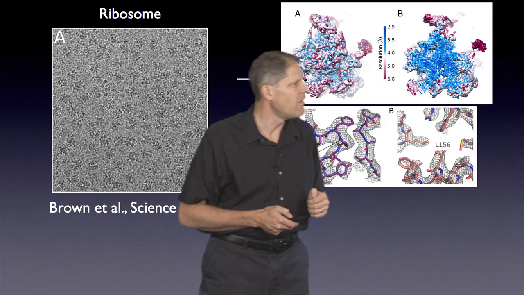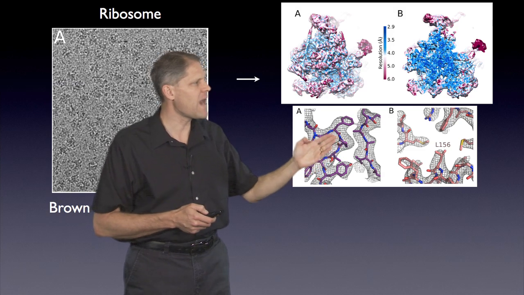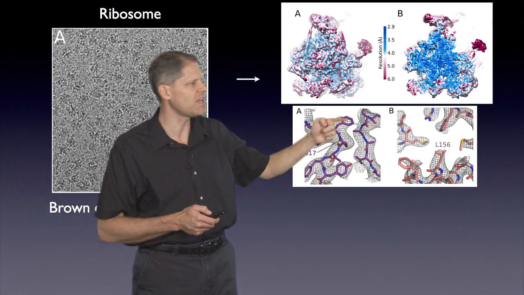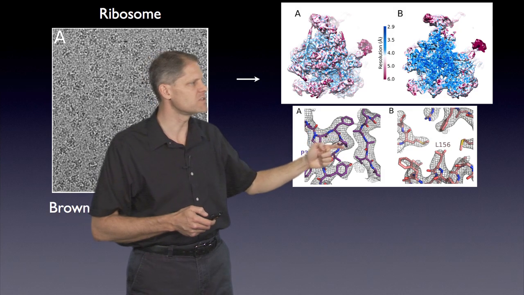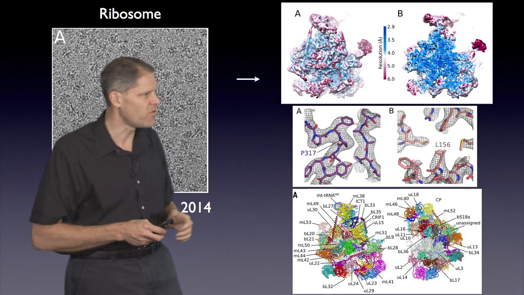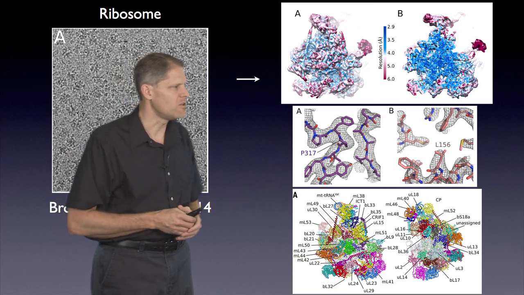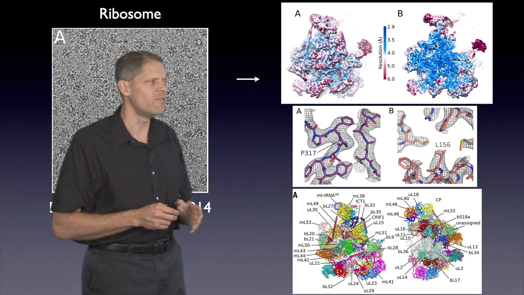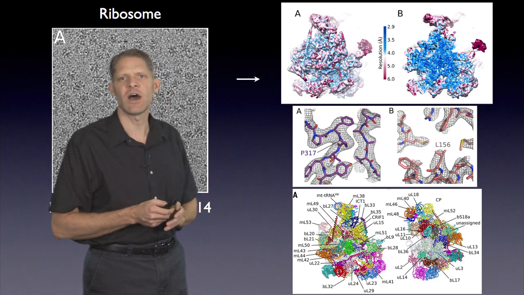And here again, the EM map was high enough resolution to resolve side chains of important residues in this map, allowing them to build a full atomic model, including novel proteins whose structures hadn't been solved before, of this incredibly important complex.